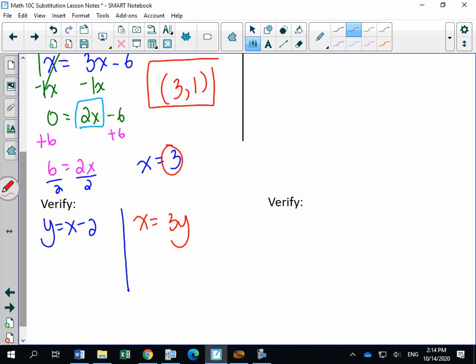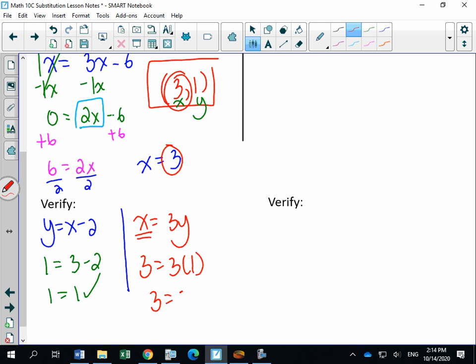I'm verifying that x is 3 and y is 1. So 1 is equal to 3 minus 2. 1 is equal to 1. That verifies. On the second system, x, which is 3, is equal to 3 times 1. 3 is equal to 3. That verifies.